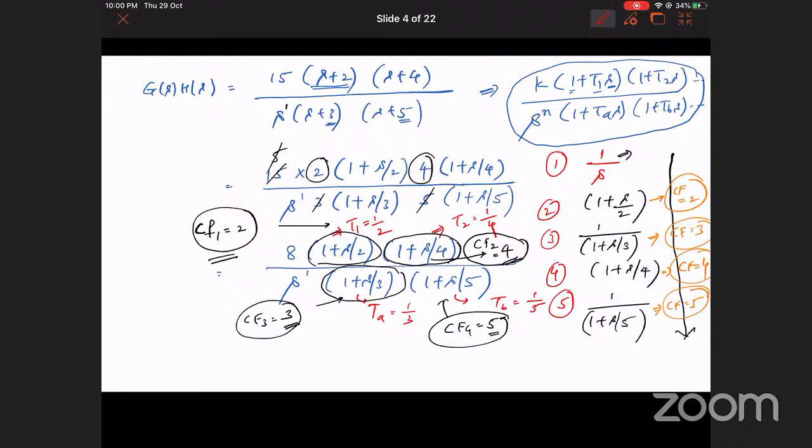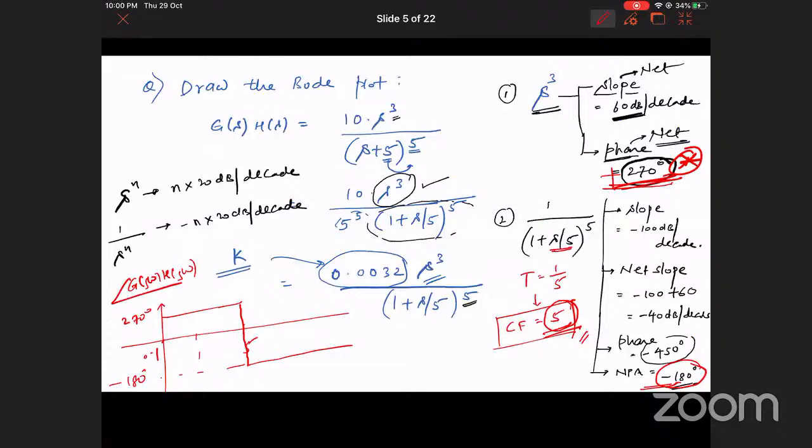Once we do that, you have to calculate the slope and the phase for that particular pole or zero, and in the next step you get net slope and net phase. Once you have net phase and net slope, at that corner frequency only you have to change accordingly. I'm sure you understood this, guys.